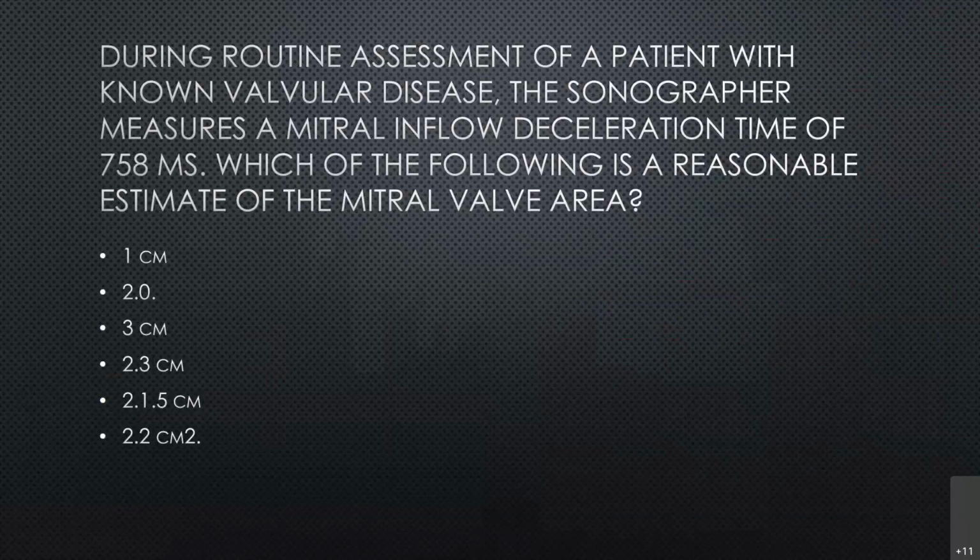So it's going to be around 1. Yeah. So 220, again, two formulae that you really have to commit to memory: 0.29 times decel time is pressure half-time, and 220 over pressure half-time gives you your valve area. So excellent. You're ready, man.